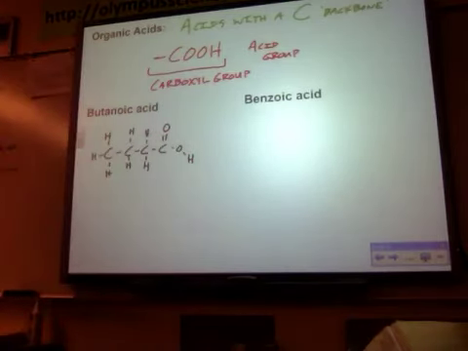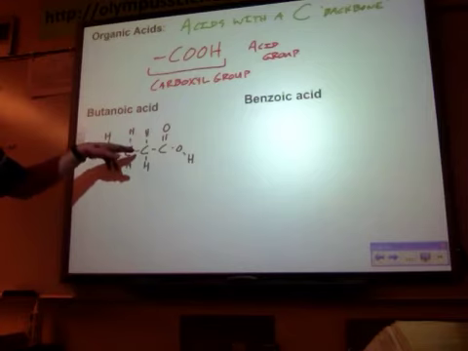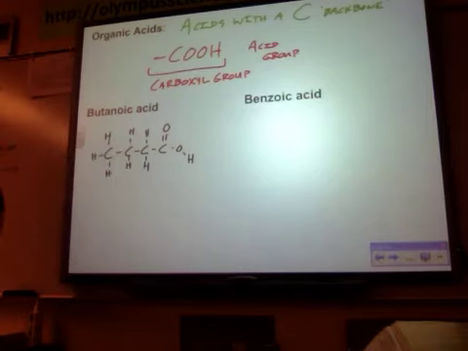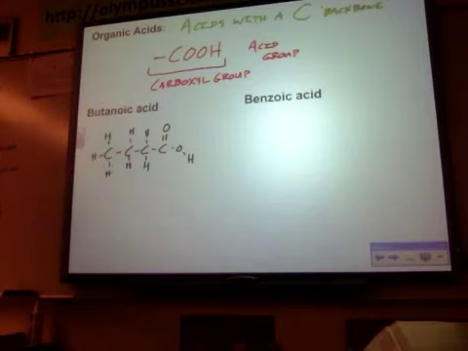We just draw a line to show that it's there. This is butanoic acid. When butter goes rancid, this is what is produced. The common name for this, before there was a systematic way of naming it, was butyric acid, which ultimately comes from the word butter.